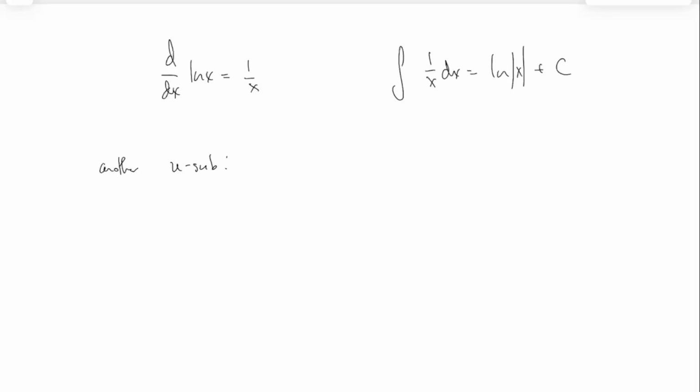The idea about when logs occur in u substitutions typically is when you choose the u to be the denominator of a fraction, and then you make the substitution and then use this rule, and you end up with a natural log in your answer. Although sometimes it goes a little bit differently. So here's just another example about the integral of natural log of x over x dx.